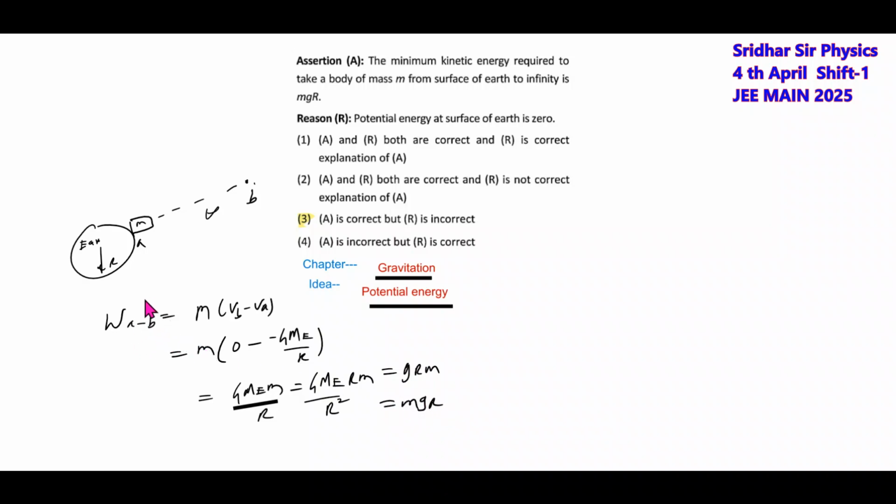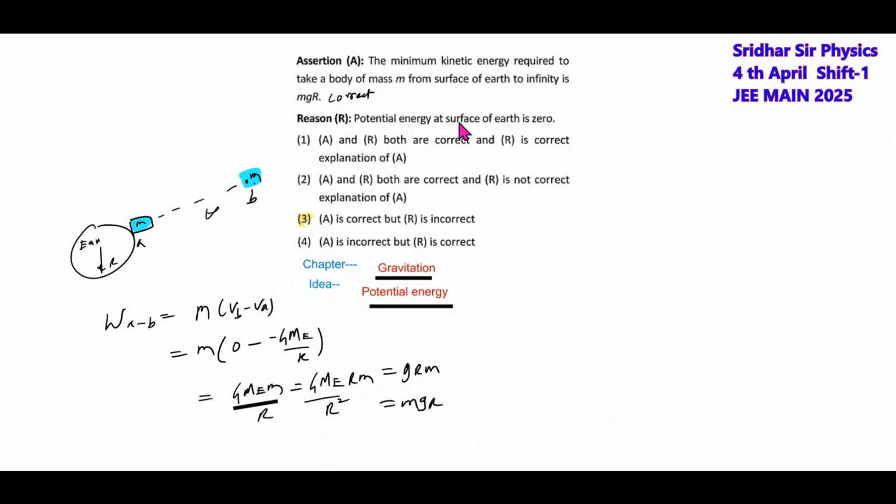There's a formula for the work done to move this object from the surface of the Earth to infinity. Like this you should think here. Okay, this assertion is correct.